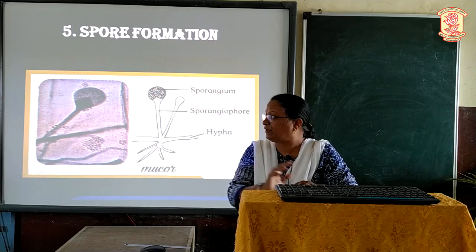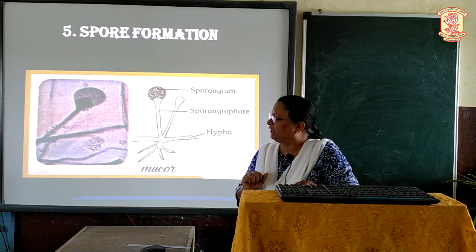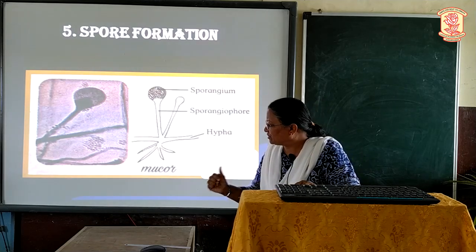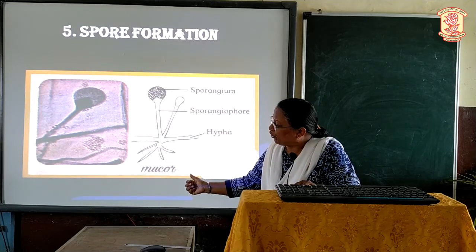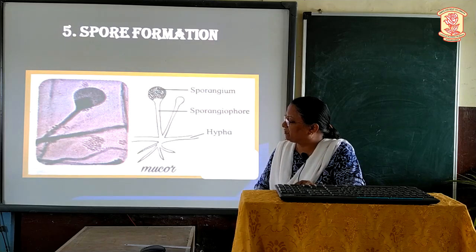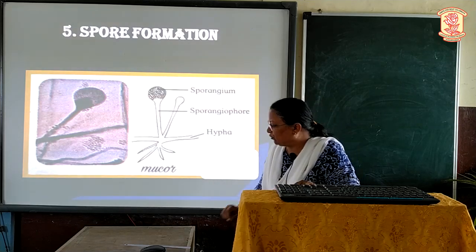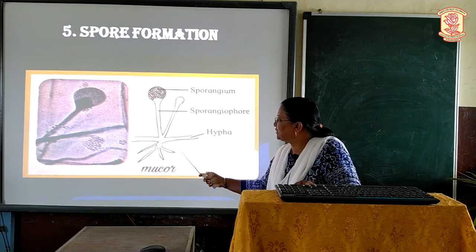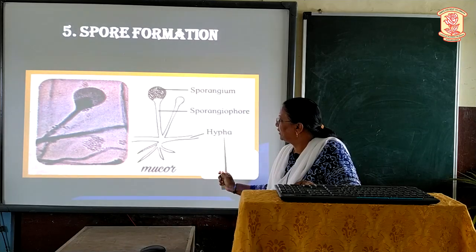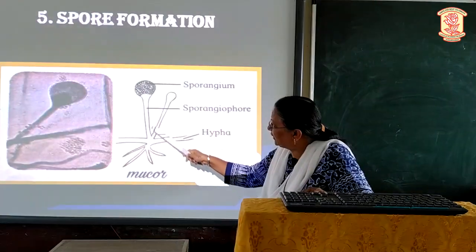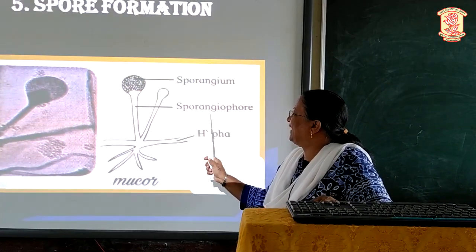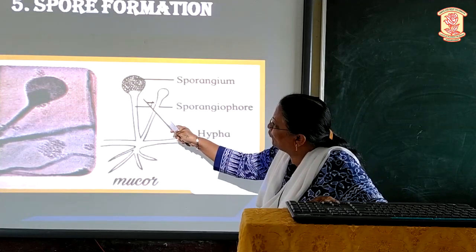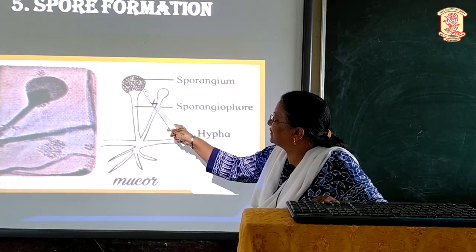For example, here we are going to take a piece of bread in which fungus has grown. In fungus we are going to see Mucor. When you observe these brown spots under a microscope, Mucor appears to have branch-like structures called hyphae, and an elongated erect hypha called the sporangiophore. At the tip of the sporangiophore you can see a ball-like structure.